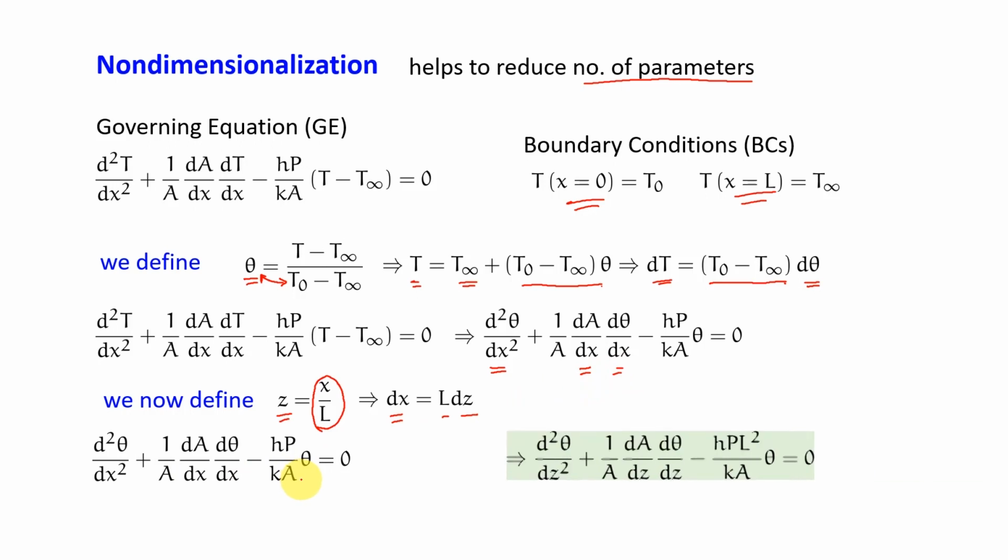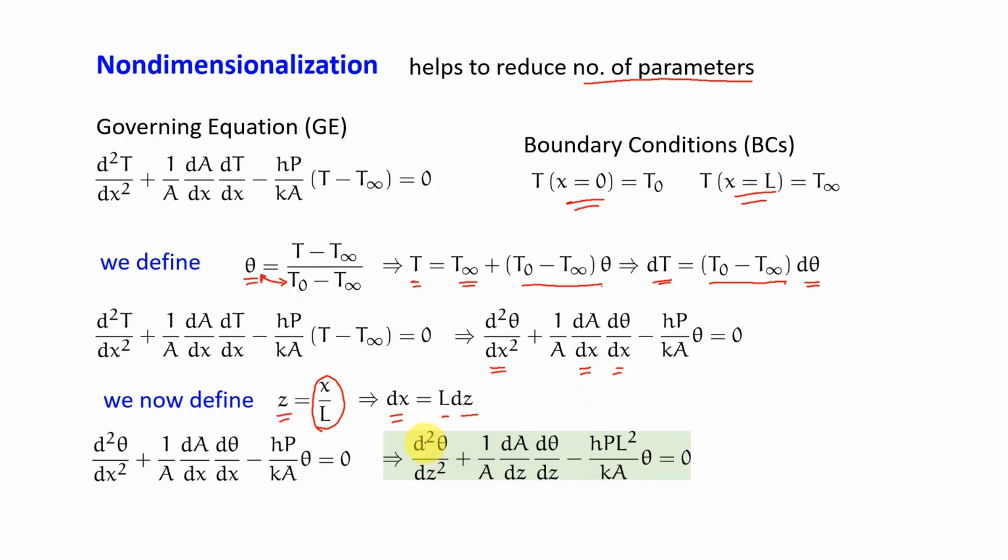So I get d2 theta dz2 equals 1 by A dA dz d theta dz plus hPL square by kA. You can see that this hPL square by kA is already a dimensionless term. We can go ahead and non-dimensionalize area, etc., but that is not necessary for our present discussion, so I will not go there, because we are going to drop this middle term quickly so that we can solve a simpler problem.